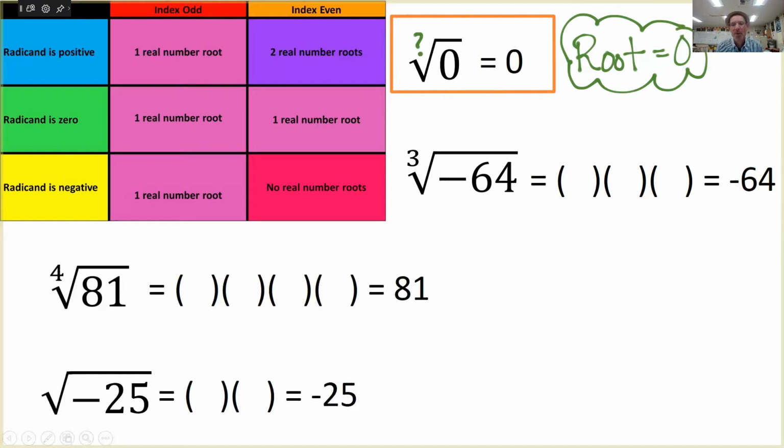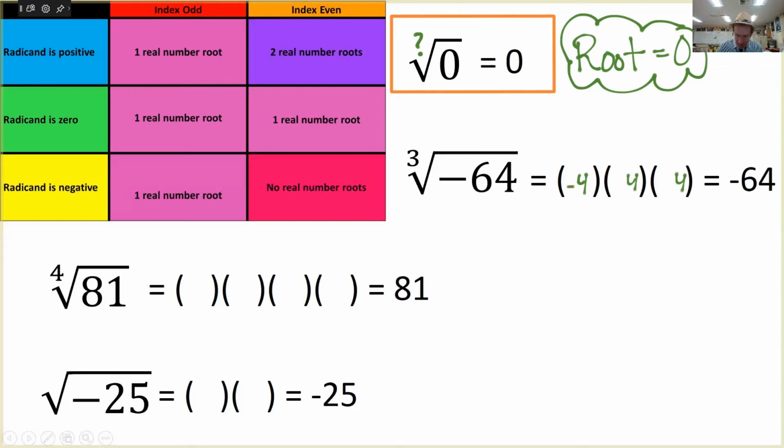On the next problem, we have the cube root, or an index number of 3, of negative 64. Well, I know that 4 times 4 times 4 is 64, and that's 3 4s. So if I want to get negative 64 with that odd index number, then I'm going to use 3 negative 4s.